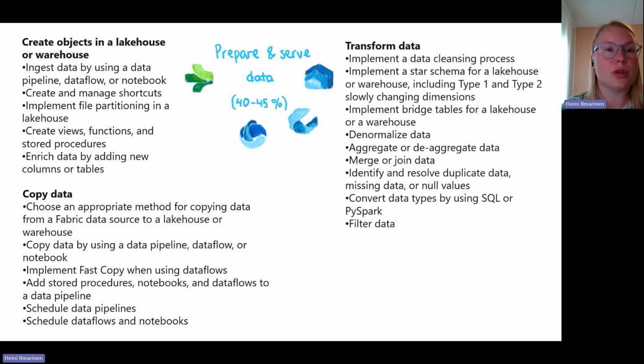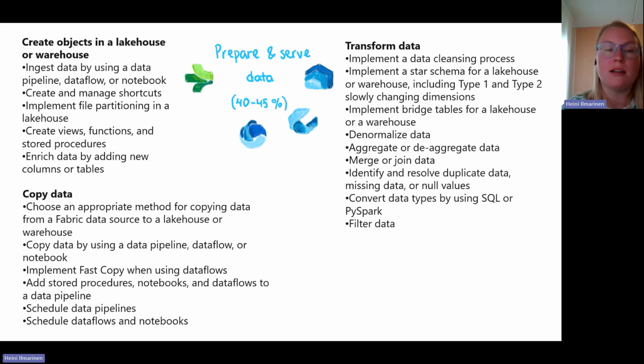Then we need to know how to transform data. In this area, we should be familiar with using star schemas and know the different types of slowly changing dimensions. We should also know how to create bridge tables in a lakehouse or a warehouse.